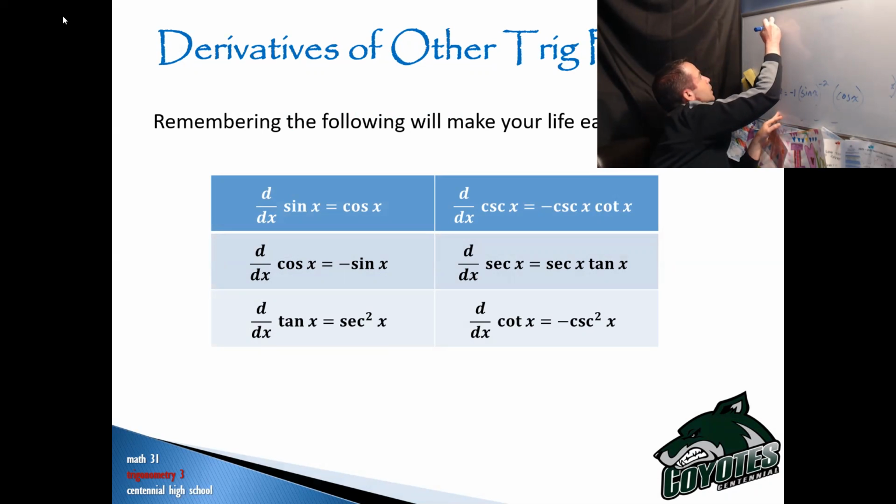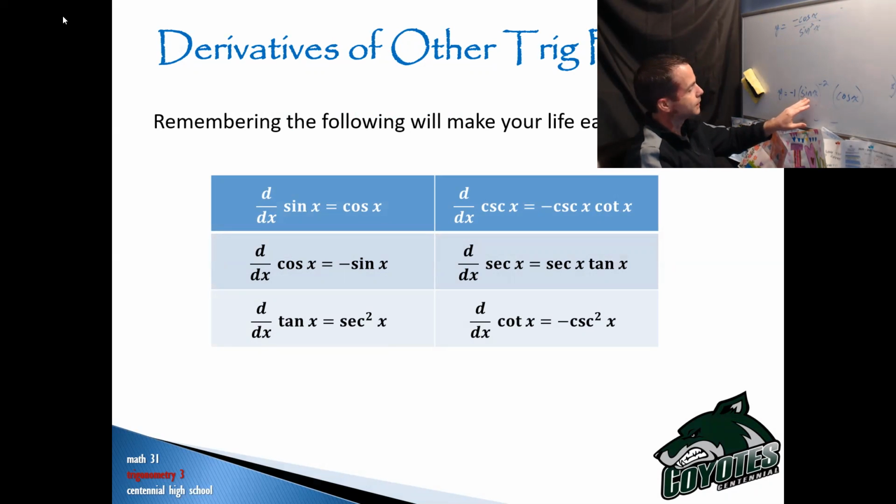Okay, now that leaves me with essentially y prime equals, I'll write it like this first, negative cos x over sine squared x. My sine x to the negative 2 would come to the bottom, and that would be sine squared x. But now I'm just going to simplify that a little bit, and I'm going to write that as negative cos x over sine x times 1 over sine x.